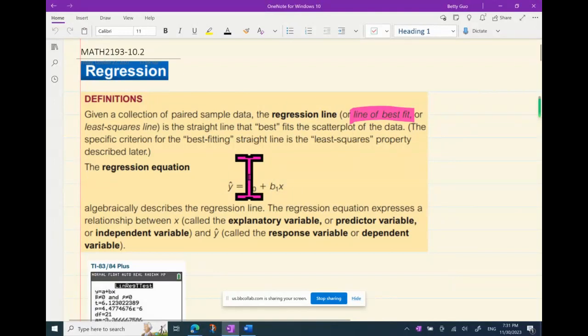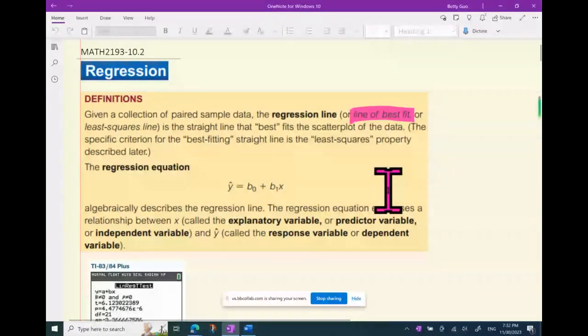Regression line is also called the line of best fit. It's the line that best fits the linear pattern between two variables. So this is the center of this section, the regression line. This is a regression equation. Line is a geometric concept, right?